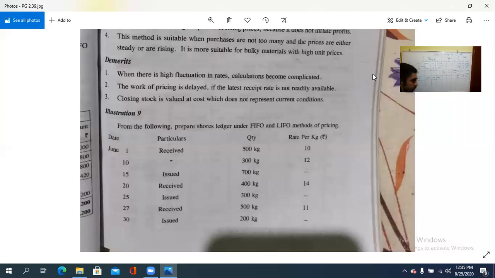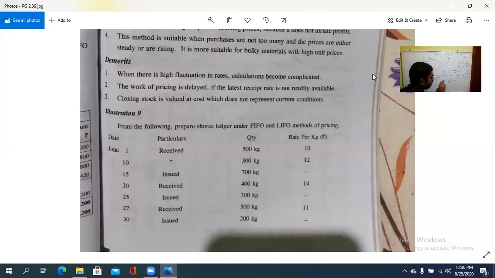Then again on the 25th, what is that? Issued 300 kilogram. The first lot, 100 at 12, is fully utilized, 1,200. The remaining 200 is out of the 14 lot, because this is the second lot. Out of the 400, 200 is taken here, because the issue is 300 and only 100 is taken from the earlier lot.